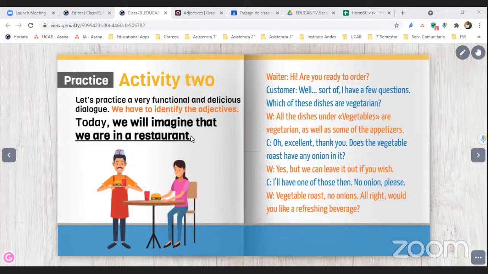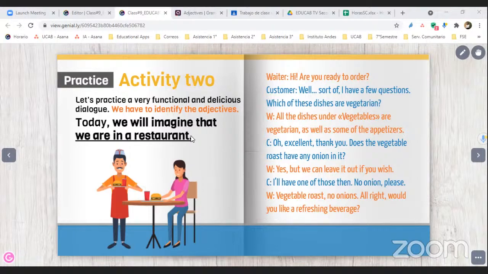Hi, are you ready to order? Well, sort of. I have a few questions. Which of these dishes are vegetarian? The dishes under vegetables are vegetarian, as well as some of the appetizers. Good.